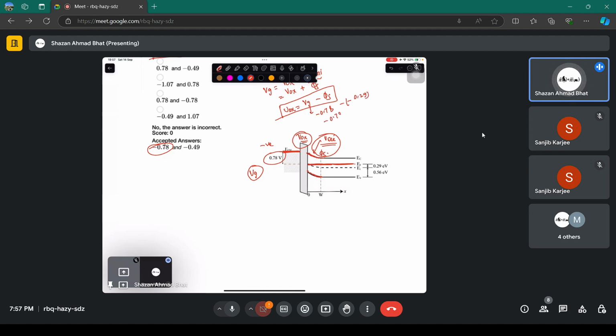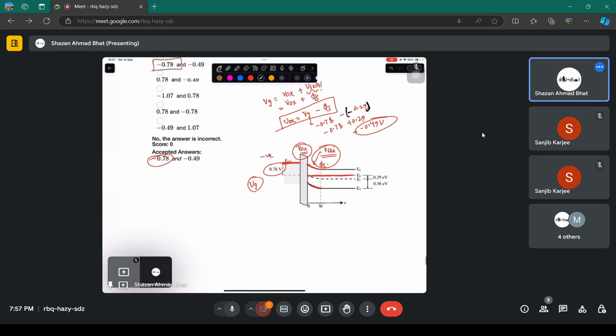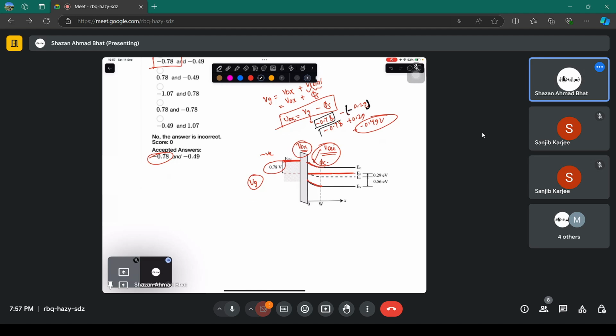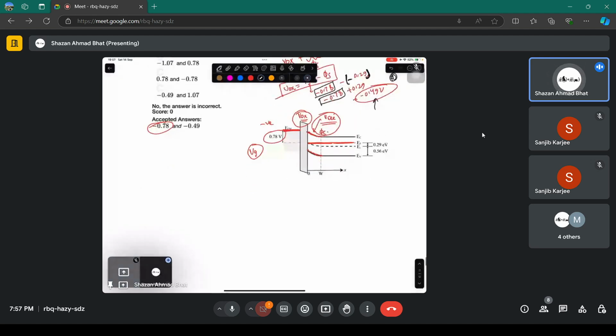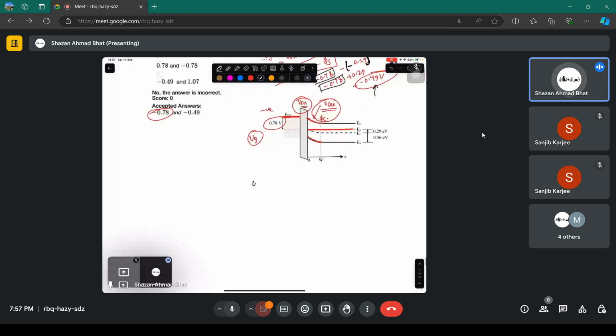So it's minus 0.78 plus 0.29. So it is minus 0.49 volt. That's why you have to take care of the sign here. You cannot mess with the signs. Otherwise, you're going to get the wrong value for the oxide. That means this much voltage is going to drop across the oxide: out of 0.78, 0.49 volt is going to drop across the oxide.